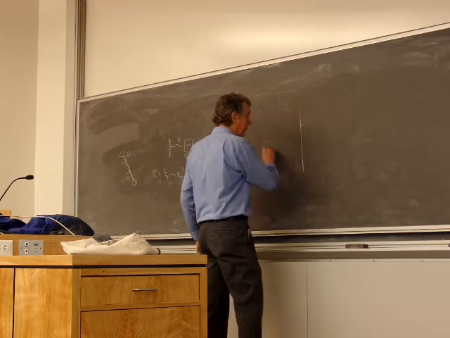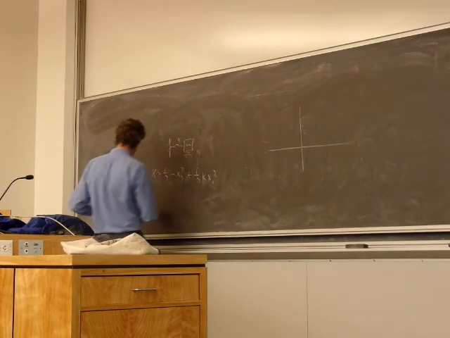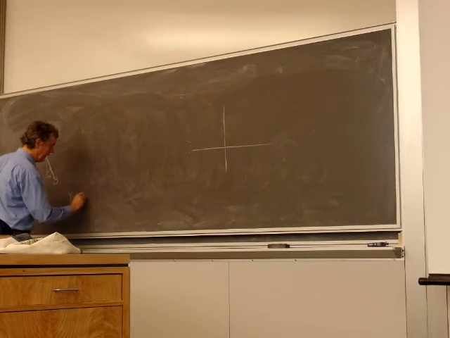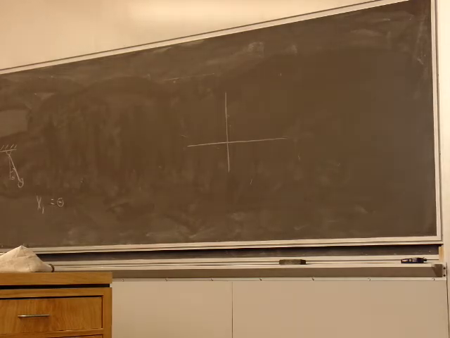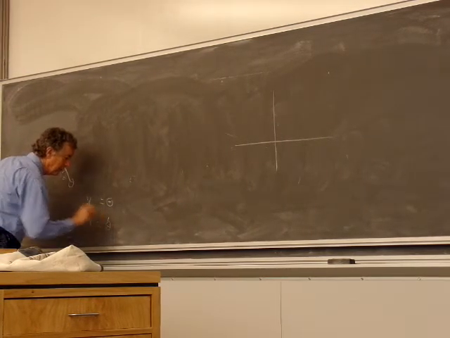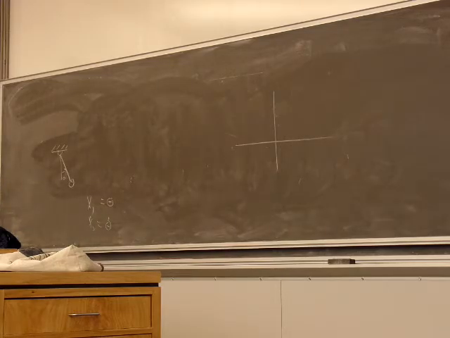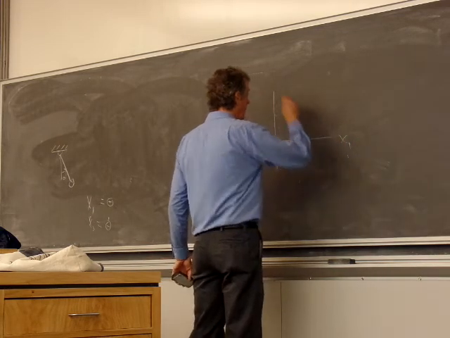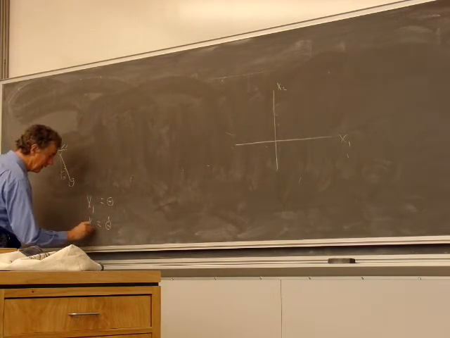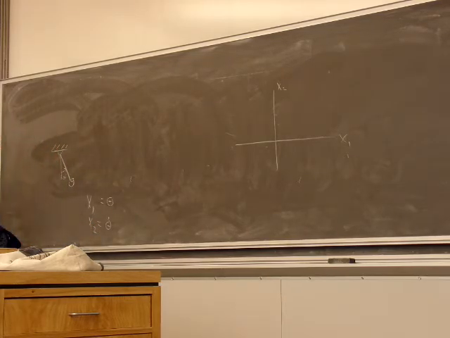Let's look at this. In fact, what's x1 in this case? The angle. And x2, let's say, is the derivative of the angle. If theta is equal to 0, x1 is equal to 0, is it stable?